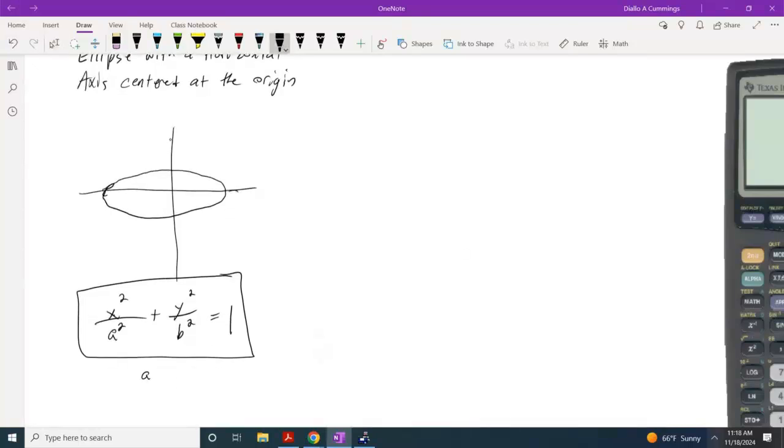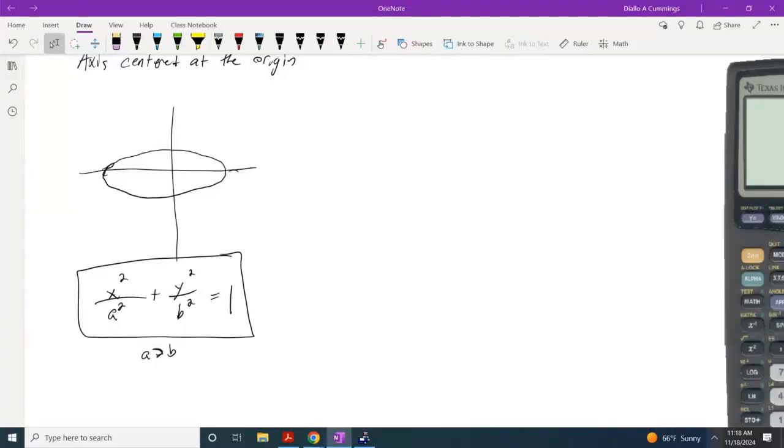A has to always be greater than b. So if you look at your denominators, whichever number is the largest is going to be considered a. In this case, the largest number is underneath the x variable, and you can think of that x variable as representing the x-axis. So this is an ellipse with the horizontal axis centered at the origin. For any ellipse, a has to be greater than b.